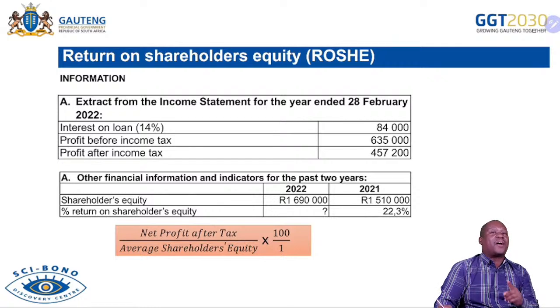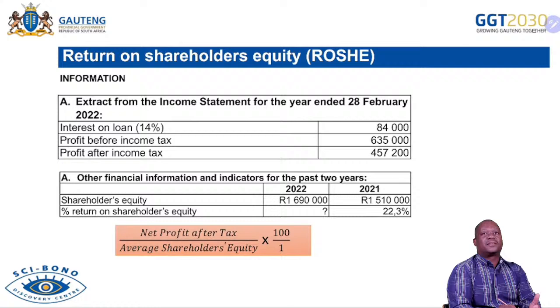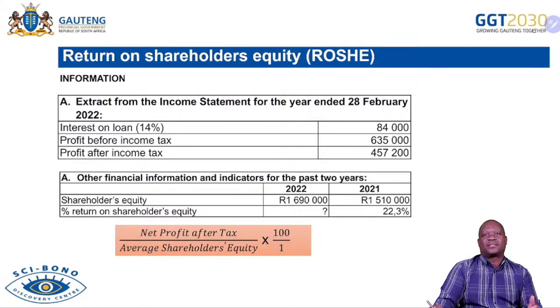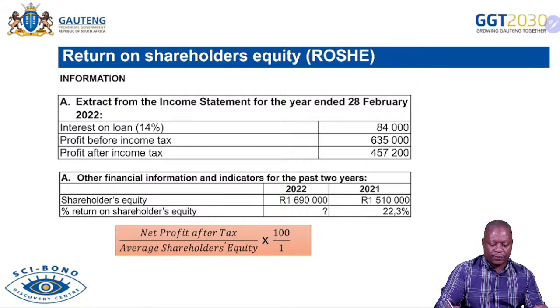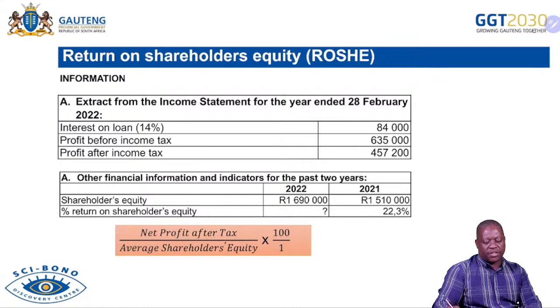Remember, when they say average, when we are looking into financial indicators, it means we are supposed to find the opening balance and the closing balance, add the two together and divide by 2. That's the simple way of doing it. That's how you get your average.